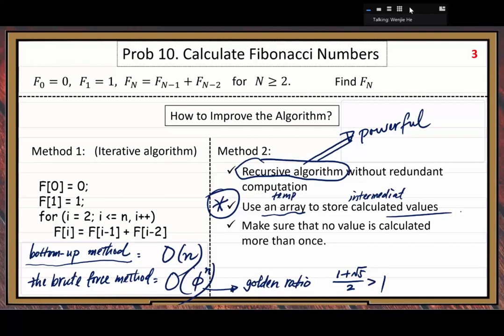Is that idea simple? Key value pair. Yes, that's one way, but even simpler than that: store in an array, right?